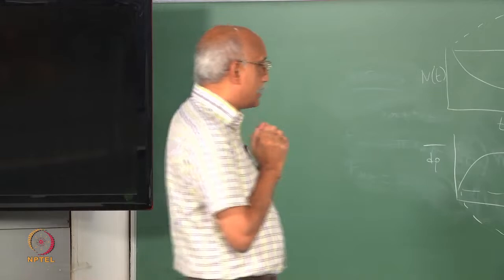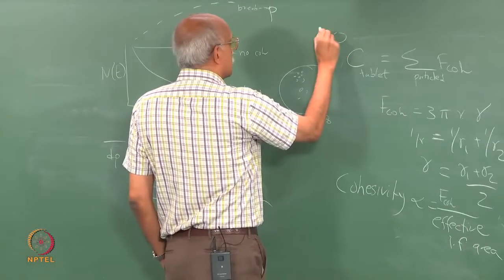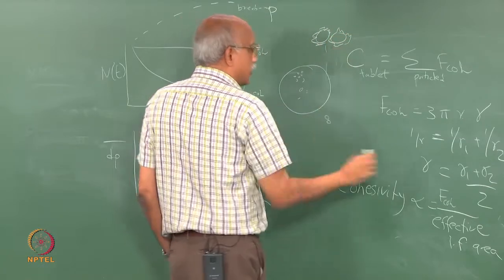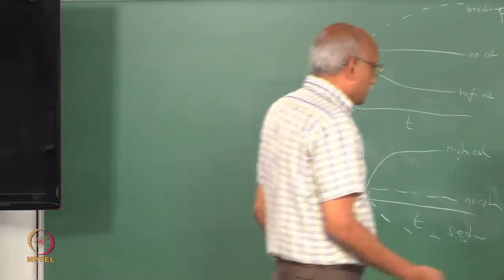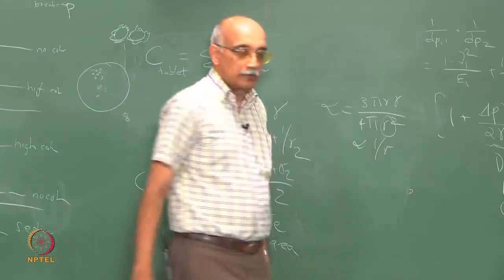But if you do have two rough particles that are next to each other with some distinct roughness elements, how is that going to change your cohesion force? What it really changes is this value r.